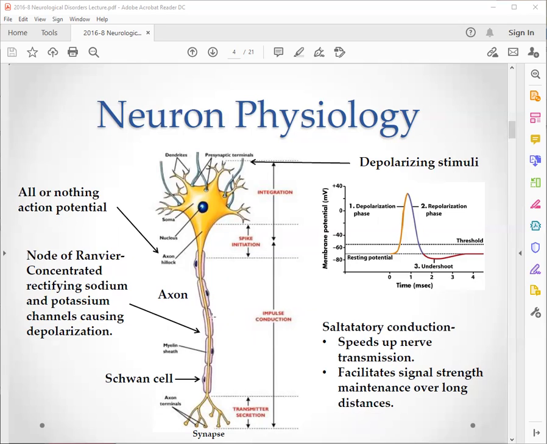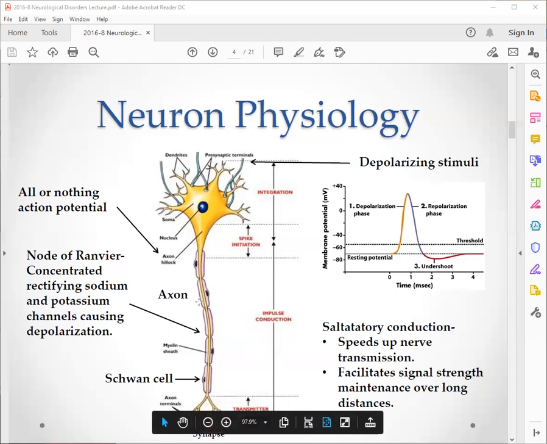Within this axon itself, this pink coloration of these cells surrounding this neuron axon, those are known as Schwann cells, and their purpose is to facilitate action potential propagation down this axon.